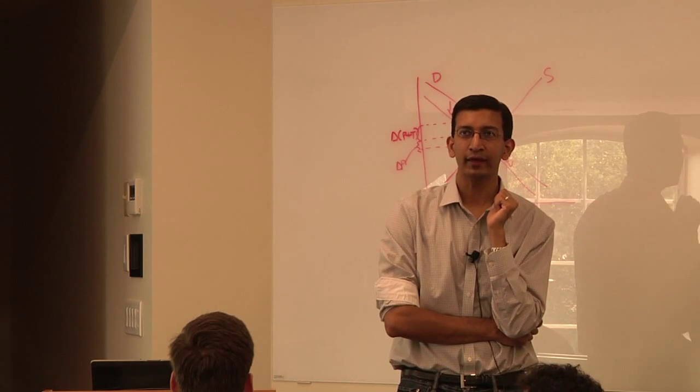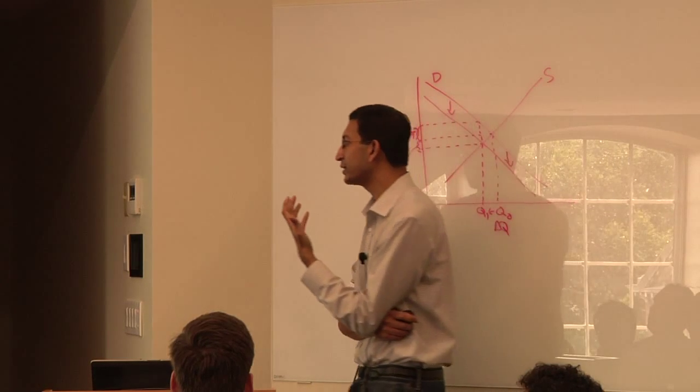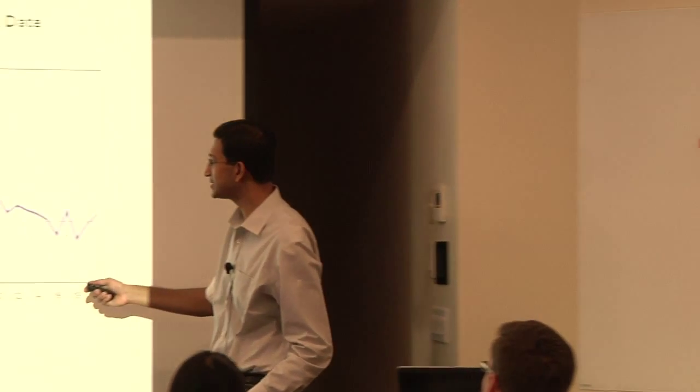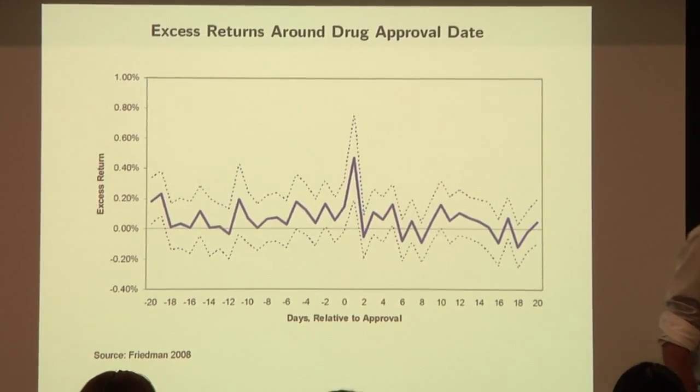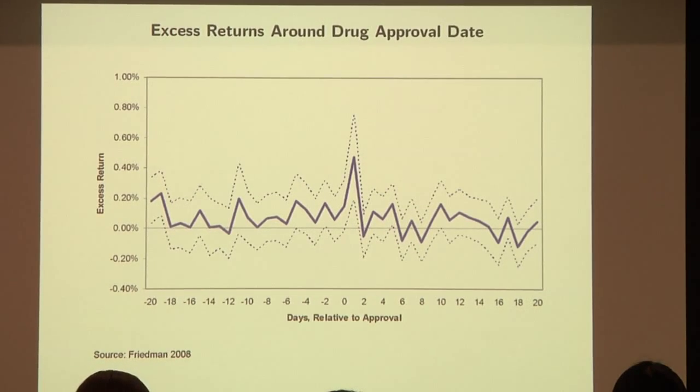And what's another way to think about the assumption? What we really need is that nothing can be changing at a high frequency right around that event. So in other words, if the drug had not been approved on this day, I would not see sharp fluctuations in stock prices of one stock relative to another.